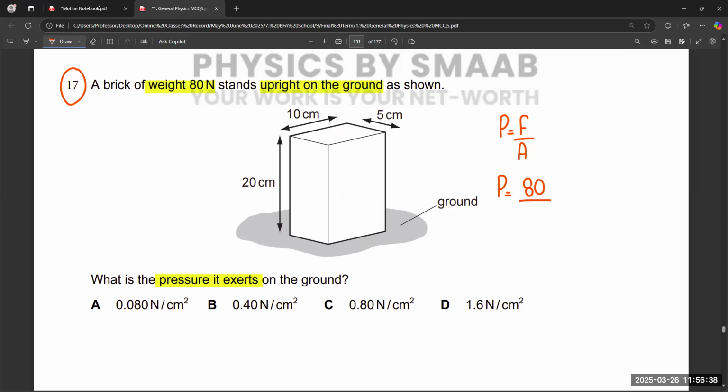So area, this is the surface that is in contact with the ground. 5 into 10, 50. So we have to select that part which is in contact with the ground to find out the area. So 5 and 10, these two sides are in contact with the ground. So 5 into 10, 50. So 50 is the area and 80 Newton is the value of the weight.